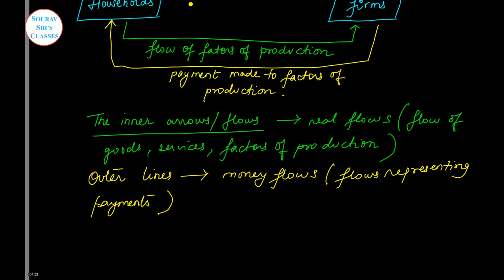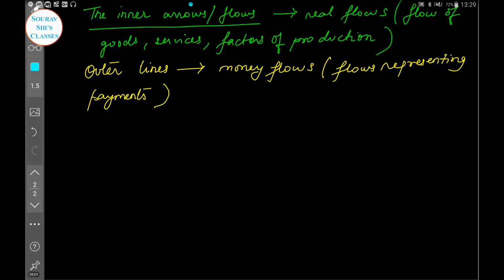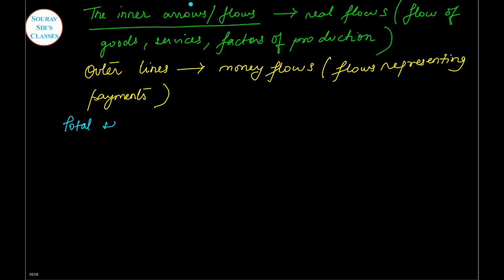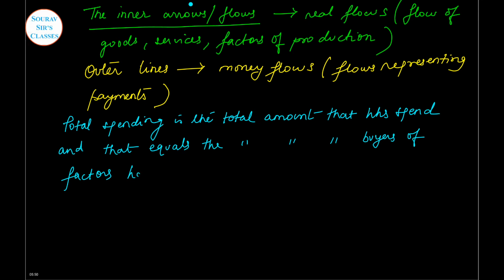Okay, having said that, now there is an assumption made in the circular flow of income, that the total spending is the total amount that households spend, and that equals the total amount that buyers of factors, which are the firms, had to pay.